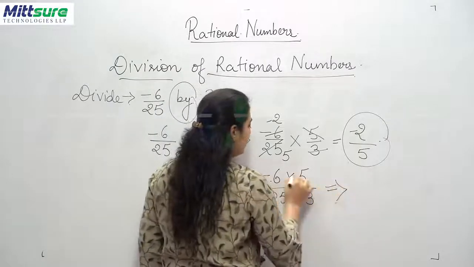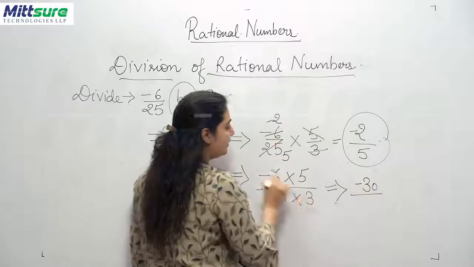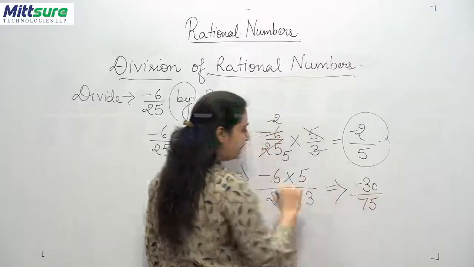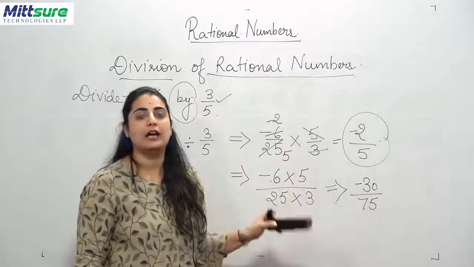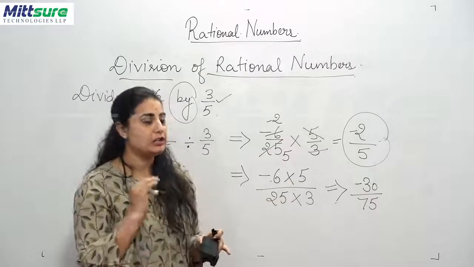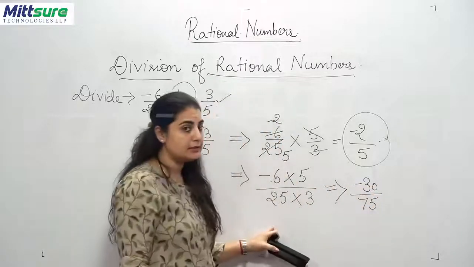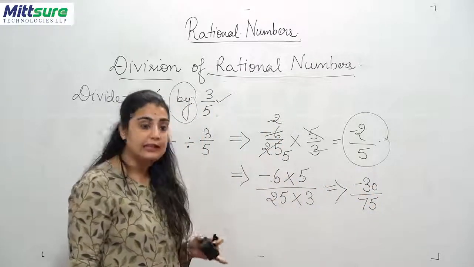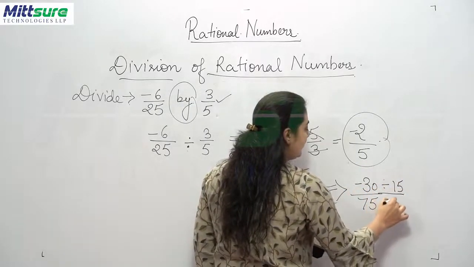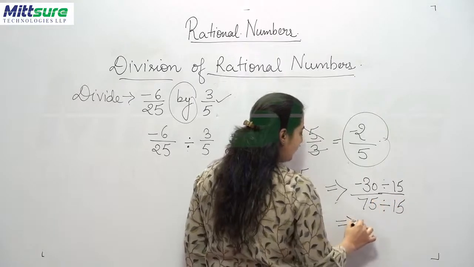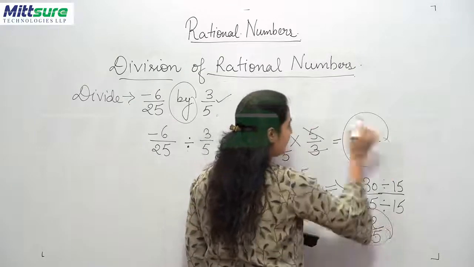Then minus 6 into 5 gives you minus 30, and 25 into 3 gives you 75. Now this is not the simplest form of the given rational number, so you need to change it. If I find the HCF of these two numbers, it is 15. So when I divide 30 by 15 and 75 by 15, I get minus 2 upon 5, which is the same as in this case.